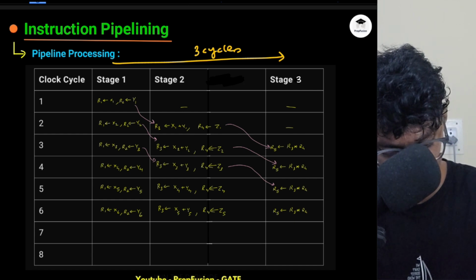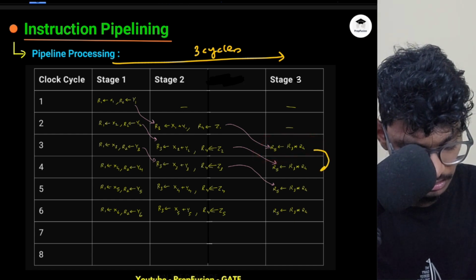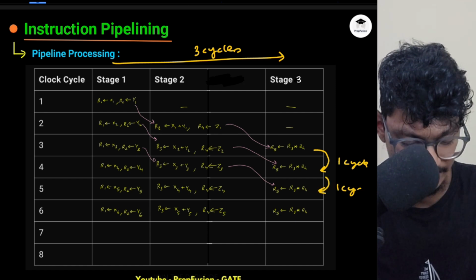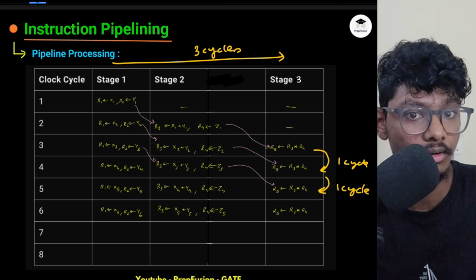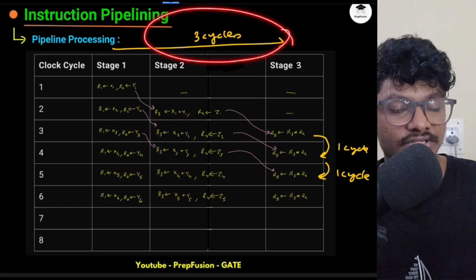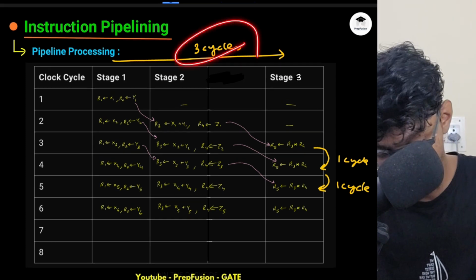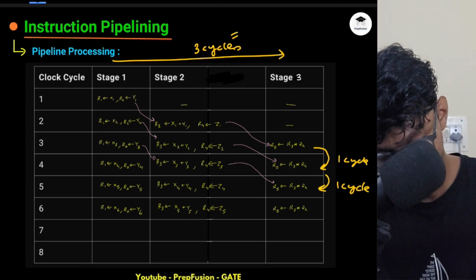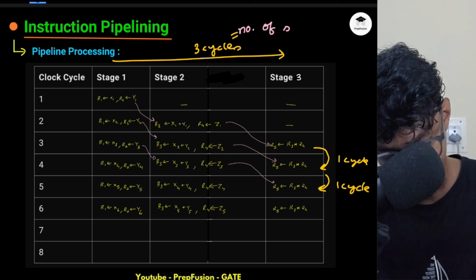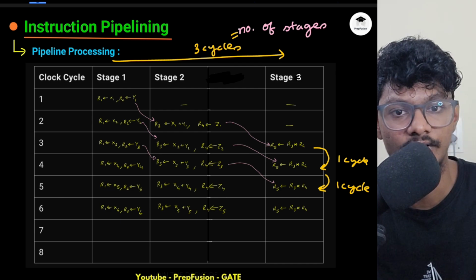Then as soon as I get my first result, after that I only take one cycle to get the next result. So what is the significance of this 3 cycles? This 3 cycles is the number of stages.